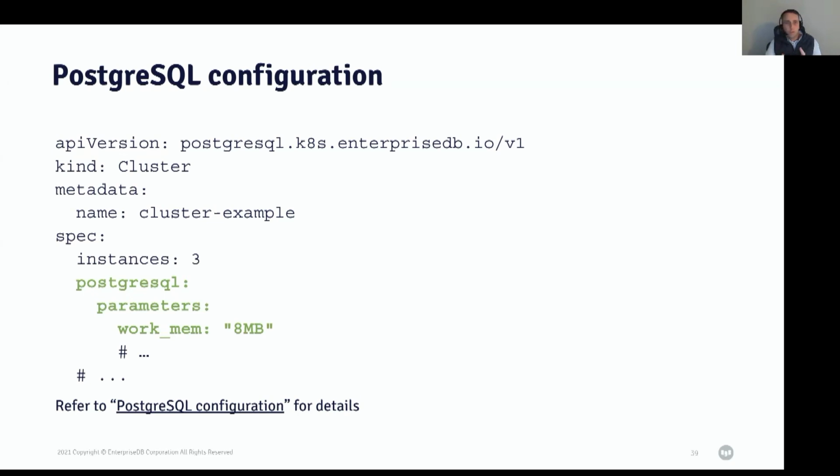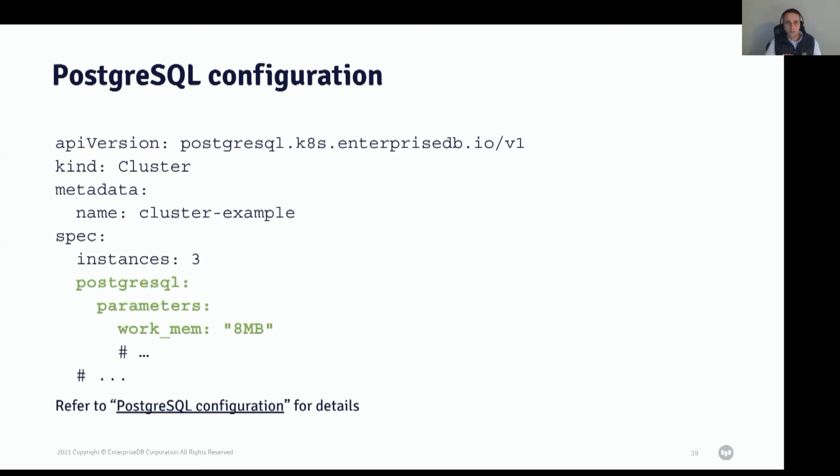So using work_mem in the slide here, if you run into an explain plan and you see an external disk merge message, you can simply update the deployment manifest. Hey, this container has a lot of excess memory.